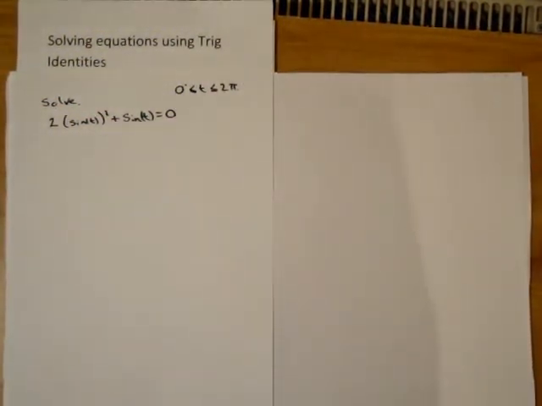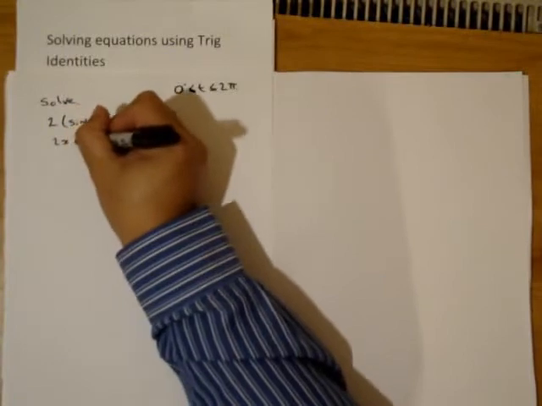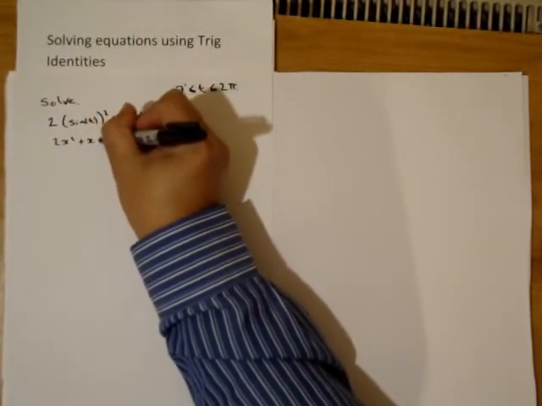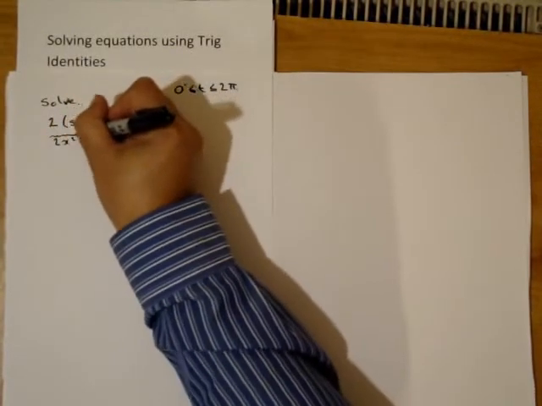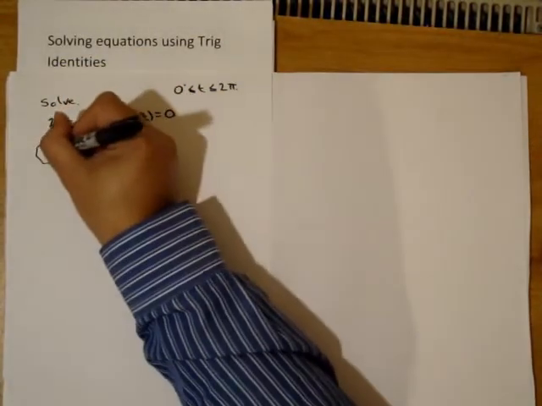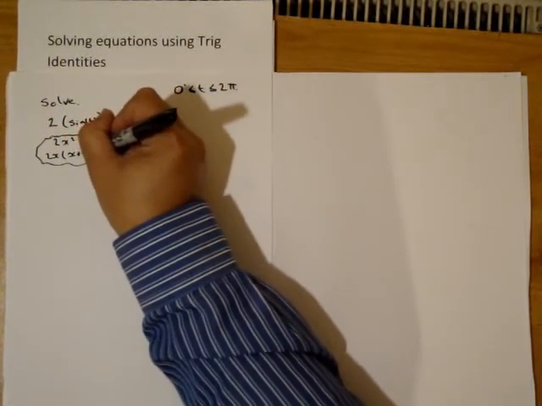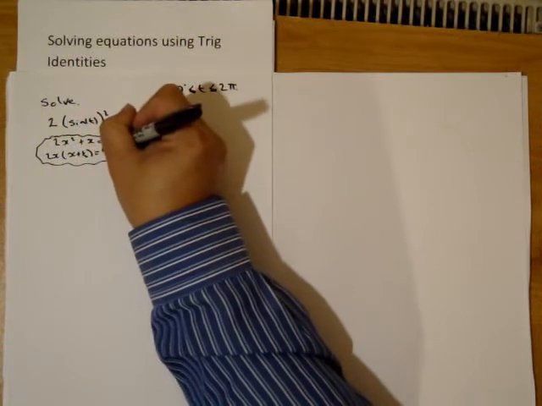So what do we do? First of all, we see that this actually looks like a quadratic to start off with. If we replace the sine t with x, it's like 2x squared plus x equals 0. Let's put this in a little thought bubble. If we factor out x, we get x times 2x plus 1 equals 0.